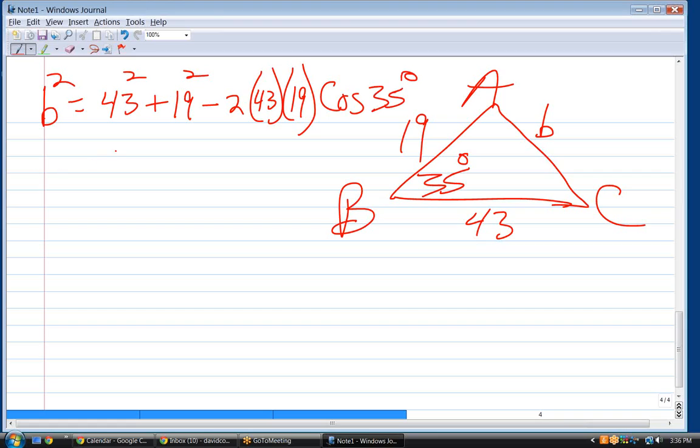Notice that on the right side of this equation, the only thing we have are numbers. So b is the square root of this. Let's come up with a number for that.